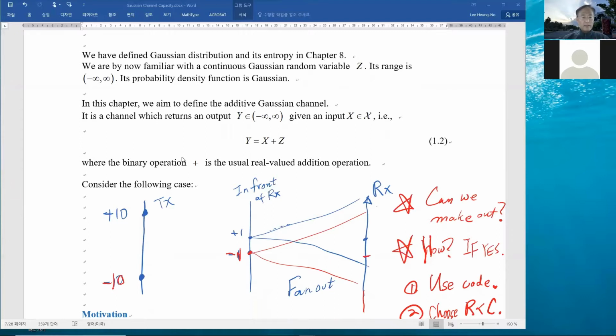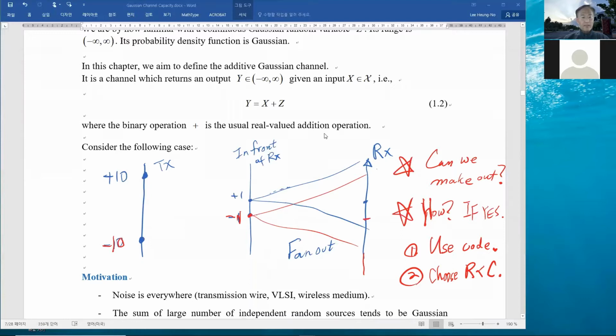And in order to motivate this type of channel and how difficult it is to deal with this additive Gaussian noise channel, let us consider a very simple case. Suppose that at the transmitter we have two symbols selectable, let's say plus 10, minus 10.